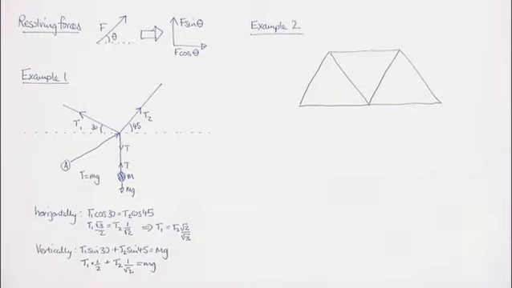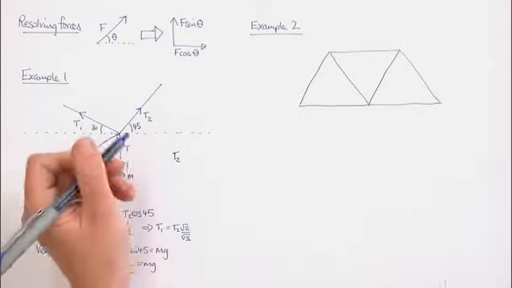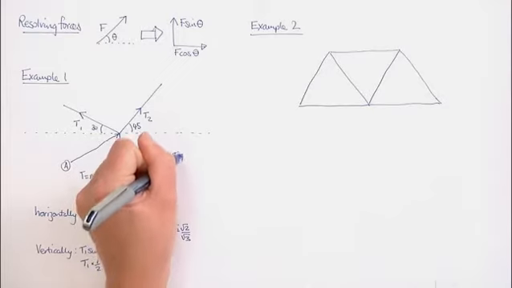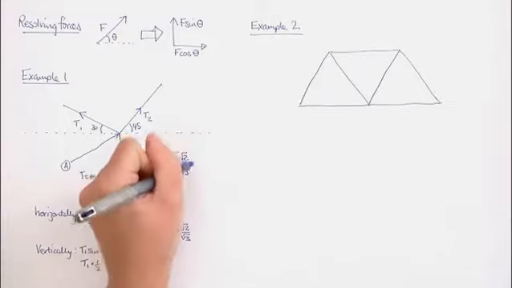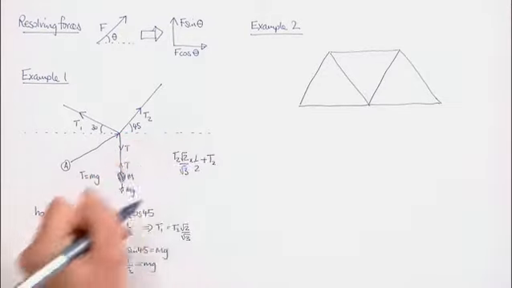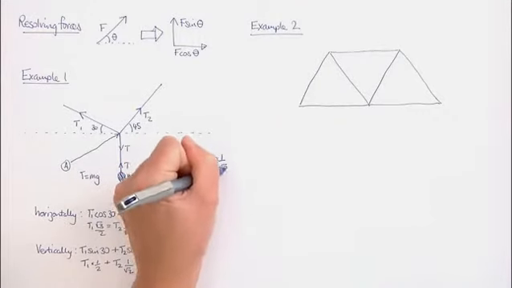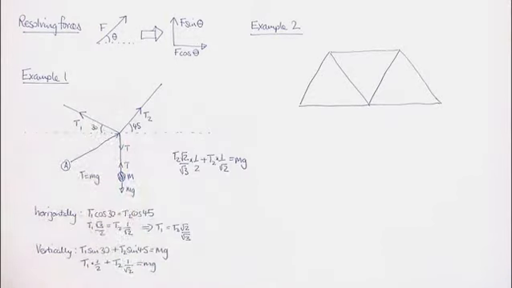So we've got 2 expressions involving T1 and T2. We need to combine them to eliminate one to find the other. So let's put this one into that one and we get T2 root 2 over root 3 times a half plus T2 times 1 over root 2 is equal to mg.